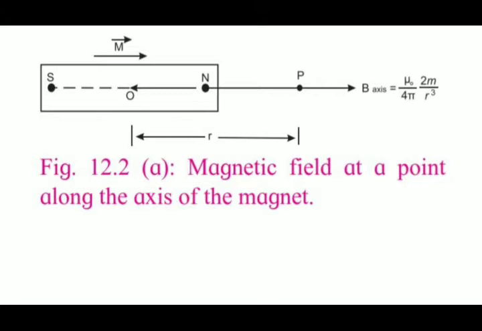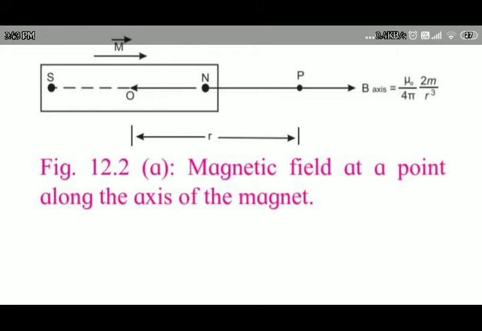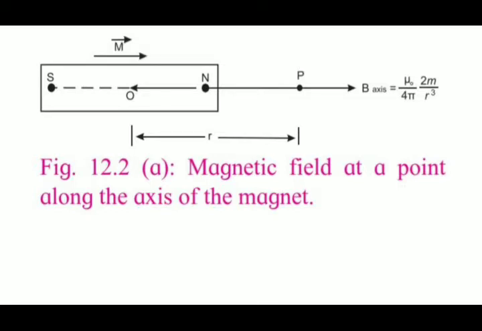Fine. Now if you have to find NP, as you can see in the diagram, how are you going to find it? ON itself is L and OP itself is r. So you know ON and you know OP.